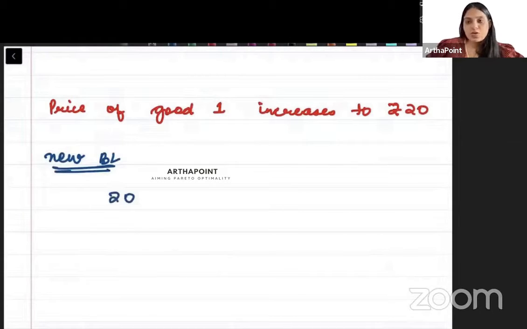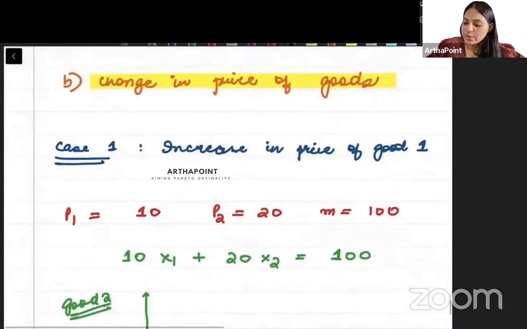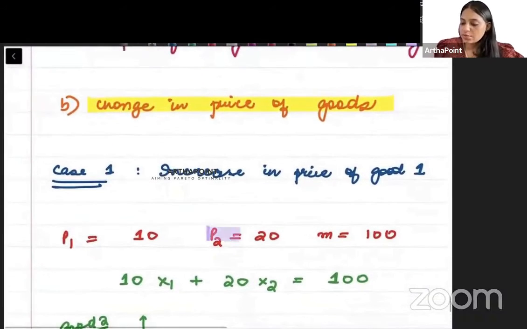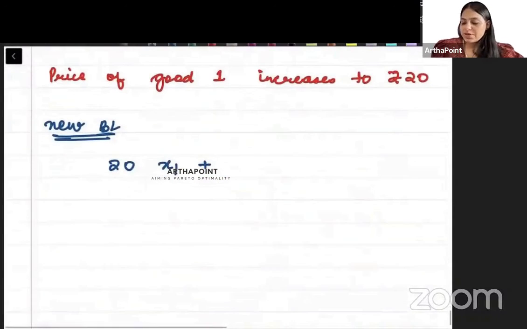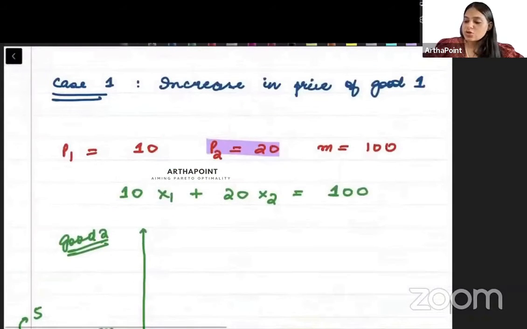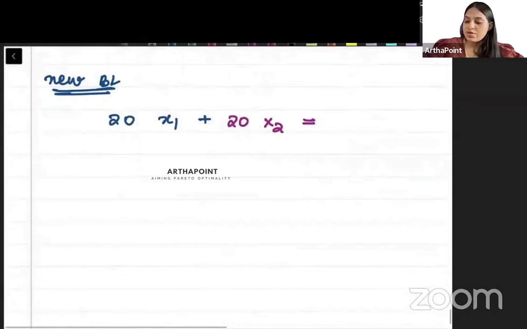P1, price of good one is 20, X1, plus P2, price of good two तो पहले ही 20 था, it was 20 only, X2 is equal to, बेटा income was what? 100, right? So income is 100.